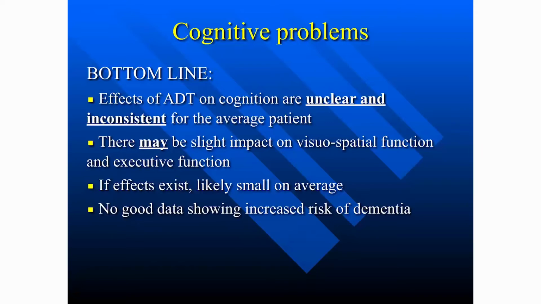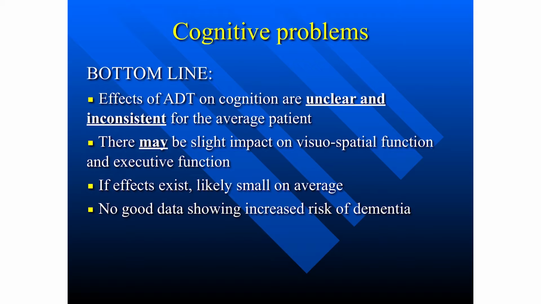Okay, so the bottom line at this time is that the effect of ADT on cognitive function is unclear and inconsistent in the average patient. There may be exceptions, but in general, on average, these studies have not consistently found cognitive side effects. There may be a small effect in two areas of function, visual spatial and executive function.